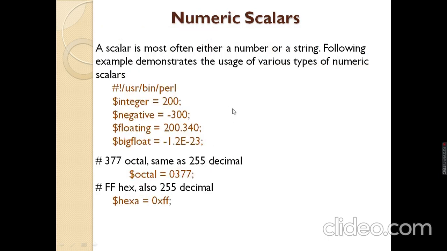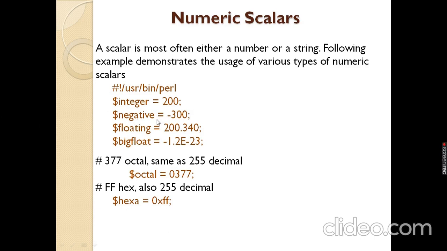Similarly, when we go for the numeric scalars, either we can print a number or a string. But this example will demonstrate how we can use the various types of numeric scalars. The first one is the Perl interpreter path, then next is integer equals 200. We have used the variable name integer itself to know very easily what value we are going to store in the variables.